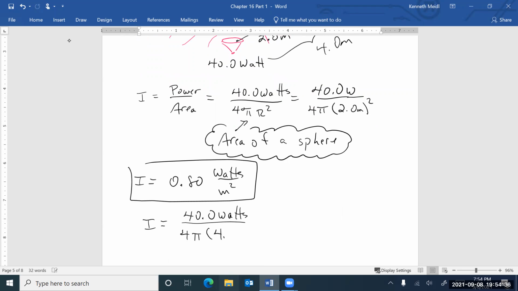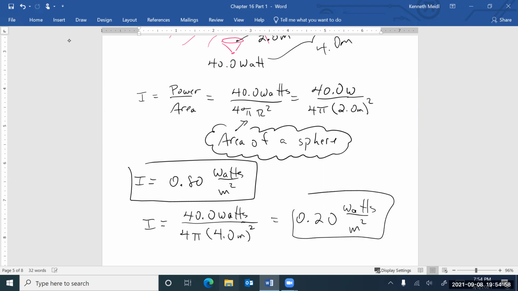You've got a 4 meter radius, and that gets squared. So I get 40 divided by 4 divided by pi, divided by 16 as well, and now I've got something close to 0.20 watts per square meter.